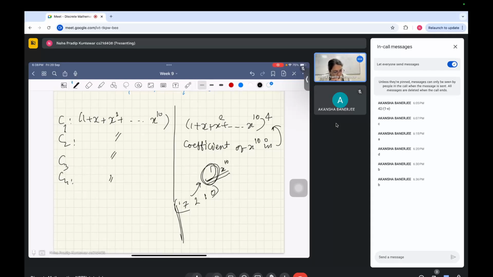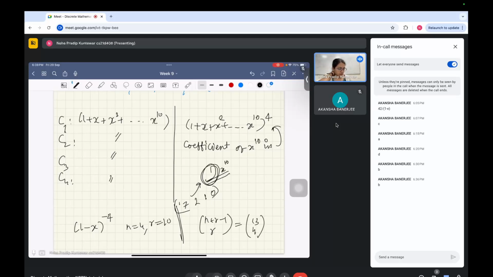So this is the same as 1 minus x to the minus 4, and n is 4 and r is 10, so you have n plus r minus 1, choose r, which is 13, choose 4, sorry, this is 13, choose 10.